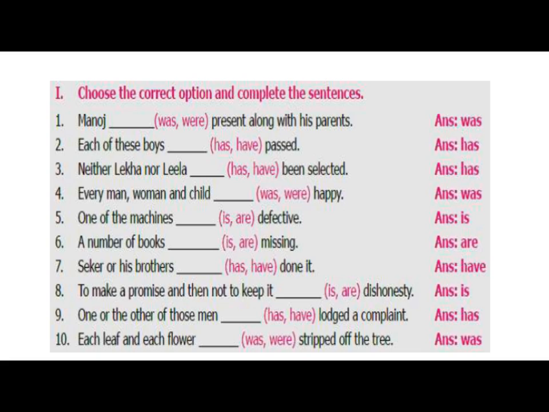Sekhar or his brothers have done it. To make a promise and then not to keep it is dishonesty. One or the other of those men lodged a complaint. Each leaf and each flower was stripped off the tree.